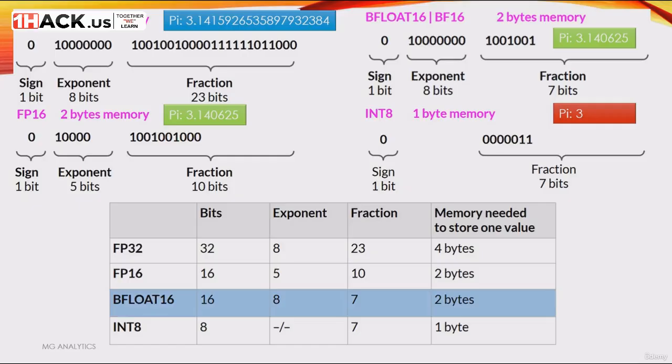Okay, the parameters are saved in a larger size, basically maybe 64 bits or 32 bits. And then you decrease the size of the memory which each and every parameter is taking.